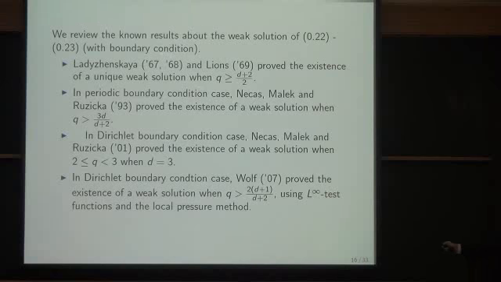But in this case, because of the nonlinearity in the stress tensor S, one should also test the equation with Laplacian V. But testing with Laplacian V doesn't work in the Dirichlet boundary condition case, since Laplacian V does not vanish at the boundary. So one can't use integration by parts. But in that case also Nečas, Málek, and Růžička first proved the existence of a weak solution when Q is in this range and when D equals 3.